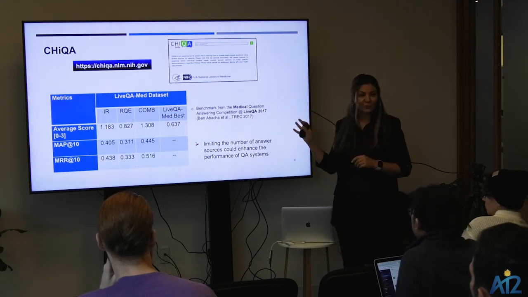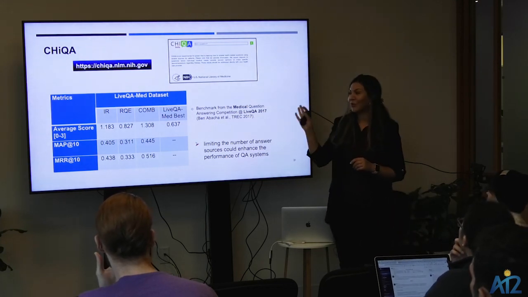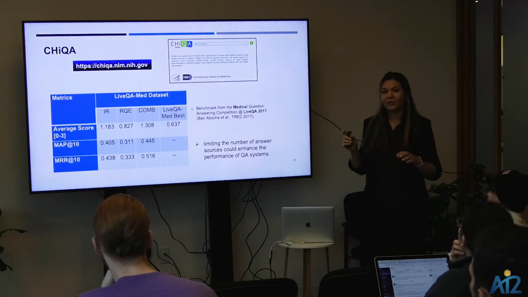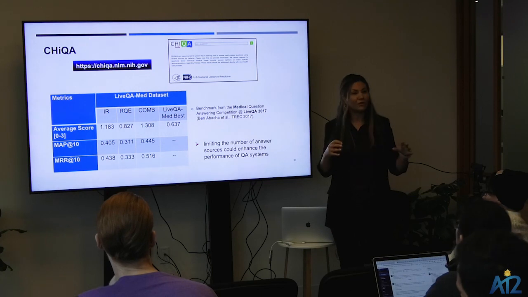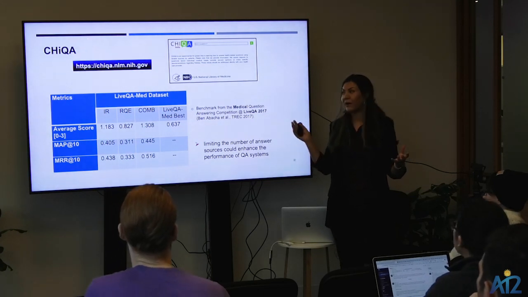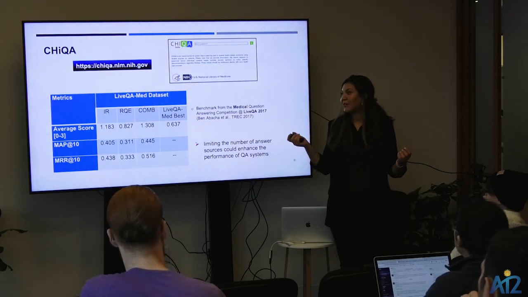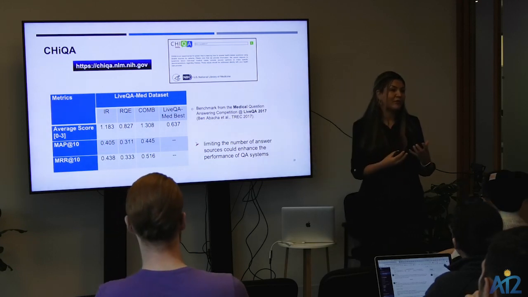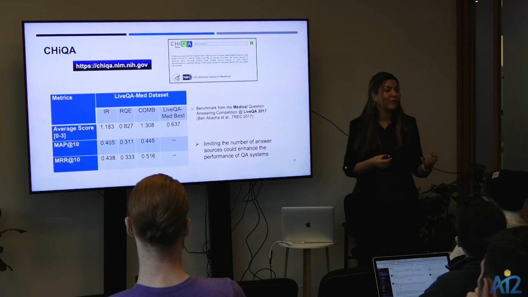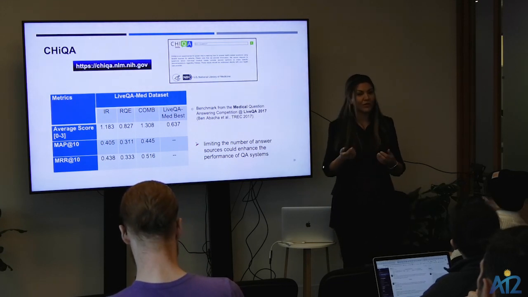What's important to mention here is we achieved this result using restricted collections of answer sources, compared to very large datasets that have been used by the participants, which means that restricting the answer sources helps to provide reliable answers, but also improves the performance of the question answering systems.